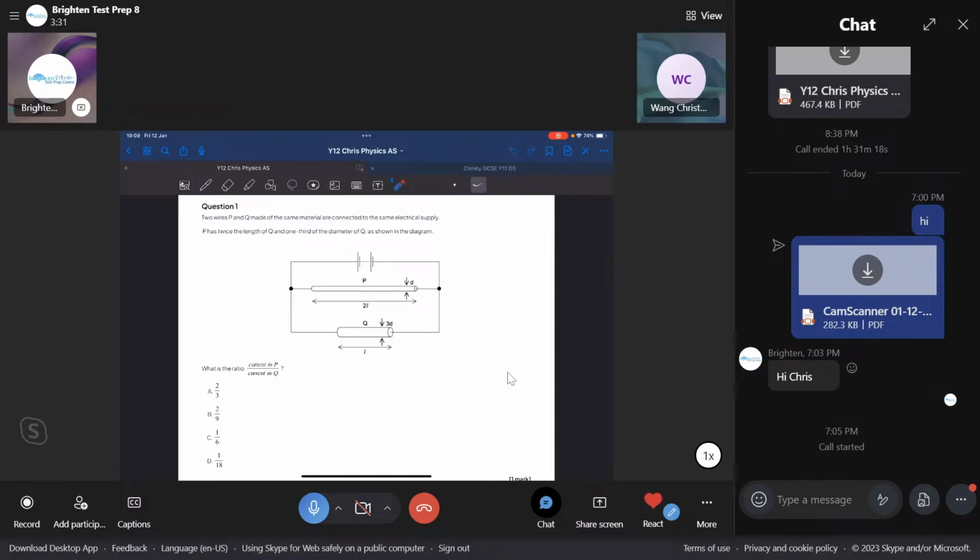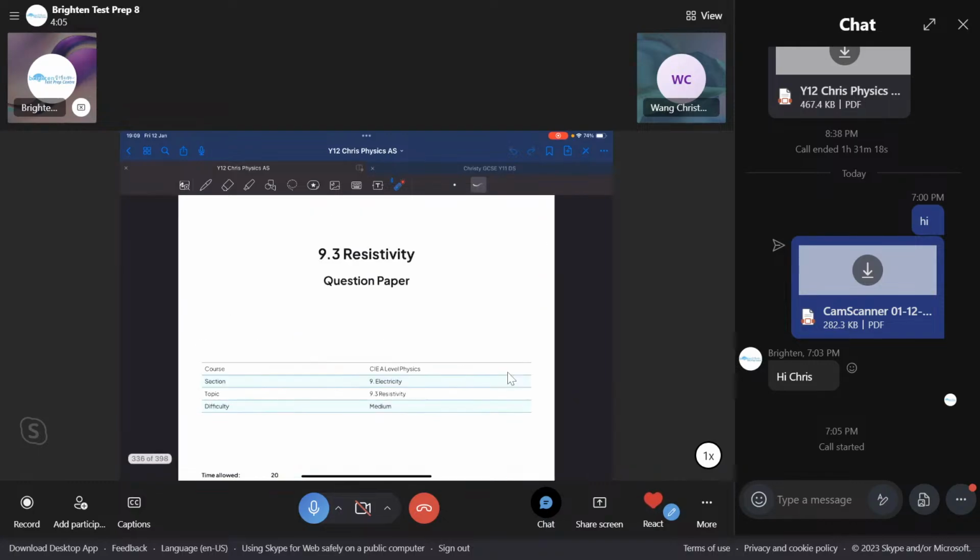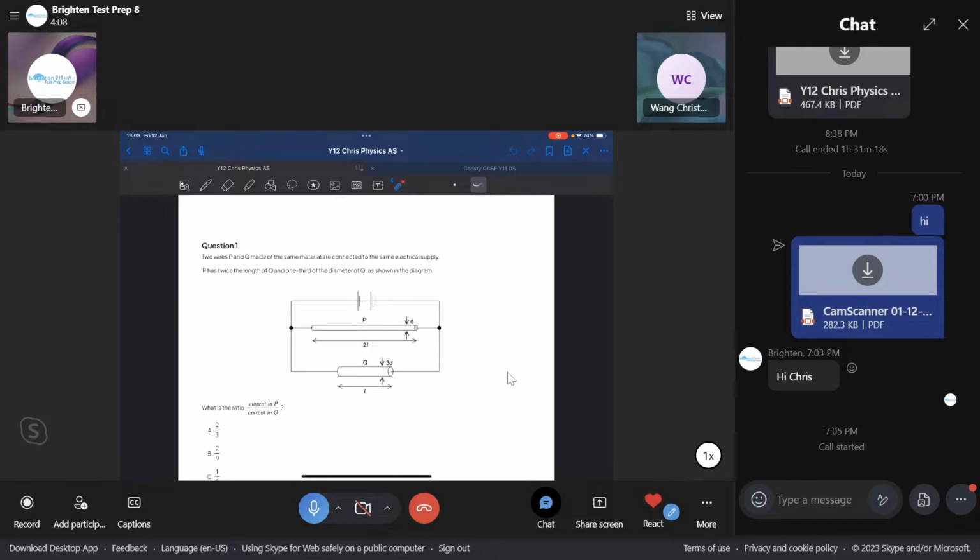So, in consequence? They're in parallel, so they have the same potential difference. So the current of P is V over 18.